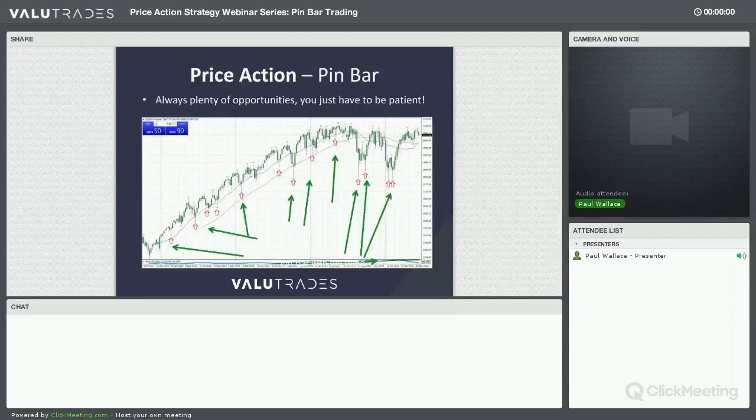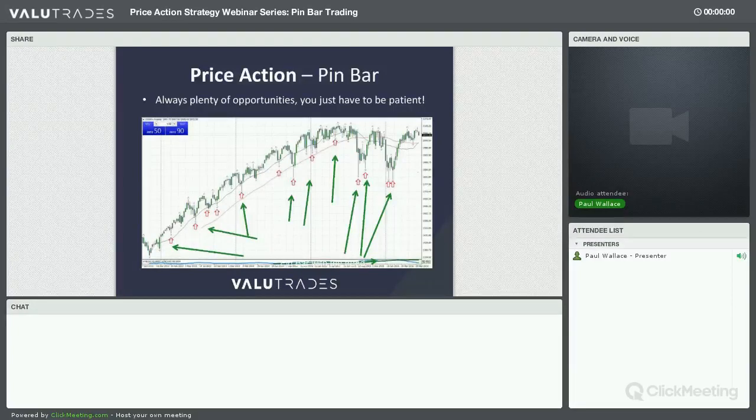So what I wanted to show you here was a chart. This is the weekly chart of the S&P 500, and what I just wanted you to have a look at is that this is the weekly chart. One of the things about pin bars is that they are what I would call time frame and instrument agnostic. It doesn't really matter whether you're trading FX pairs, indices, commodities, fixed income, or individual stocks.